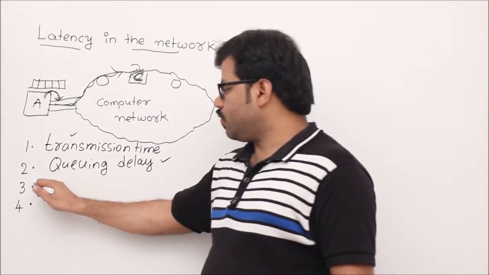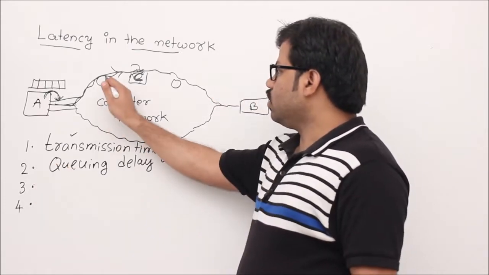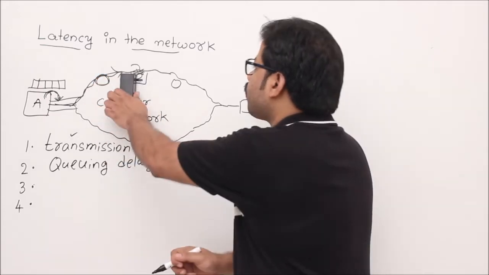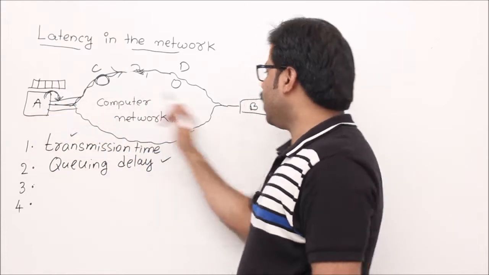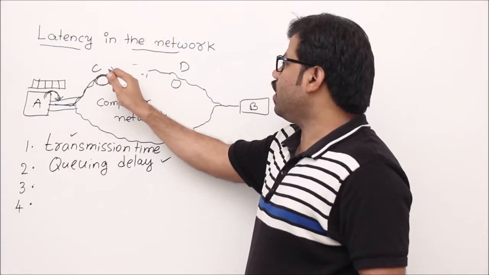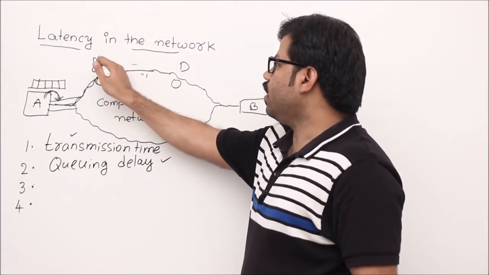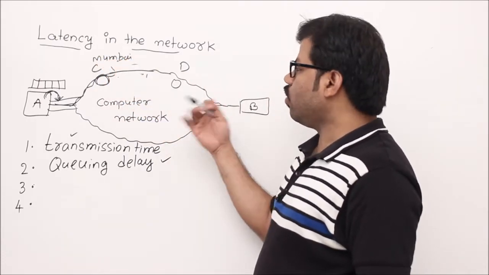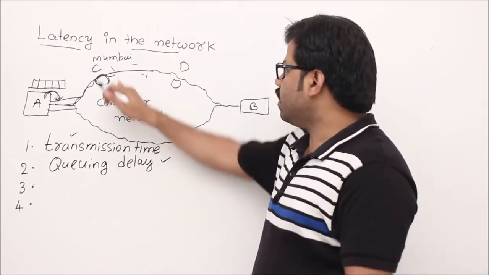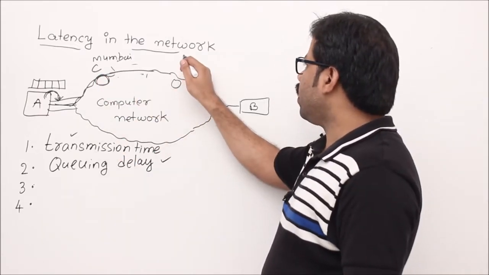Now the third factor. Let's say this computer is C, this is D. To send a packet from A to D, focus only on the C to D communication. C is in Mumbai and is one of the routers, and D is another; for us, router or not, everything is a computer. So there is one computer in Mumbai, one computer in Delhi.